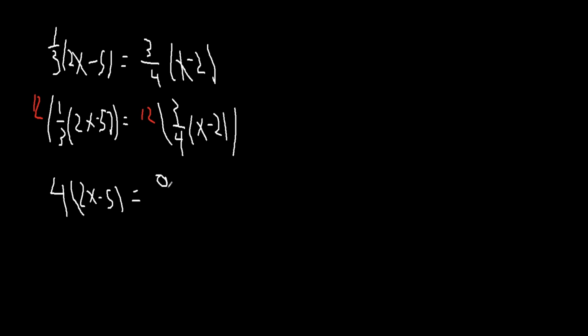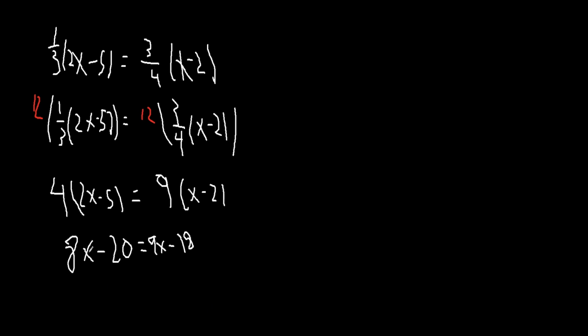So it's 9 times x minus 2. And now we can use the distributive property. So it's 4 times 2x, which is 8x, minus 20, which equals 9 times x, which is 9x, minus 18.